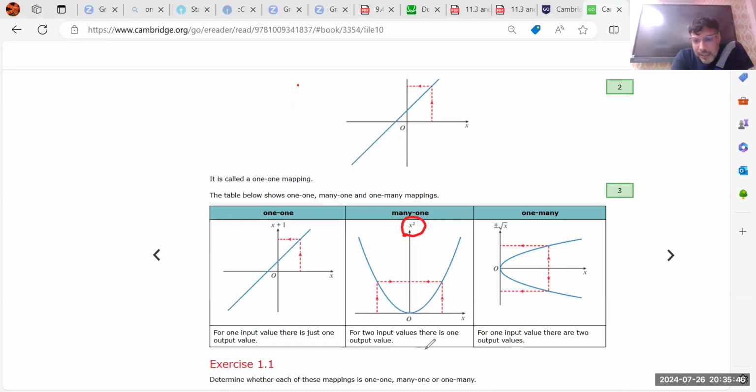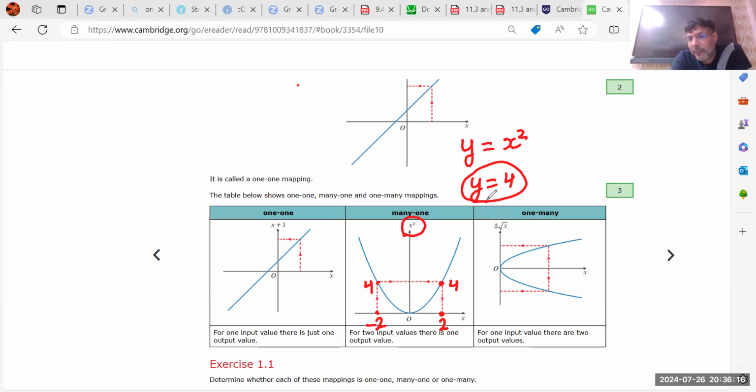So in this, suppose you have 2, that will give you 4. You have -2, that also will give you 4. So multiple x values are giving you the same y value, or the same value of the function. Your function is y equal to x square. When you put x equal to -2 or x equal to 2, we get y equal to 4.